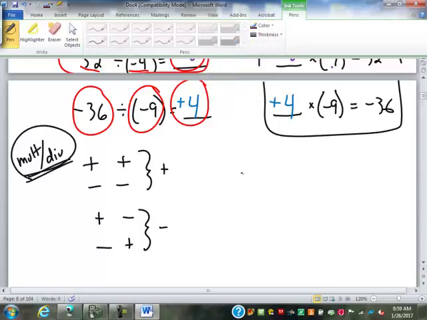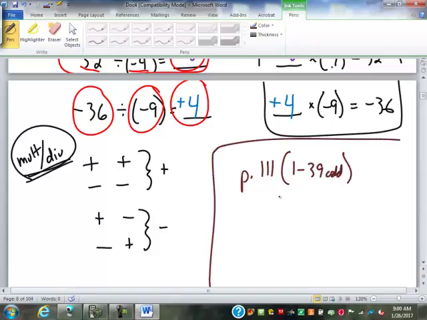Okay, in your books, we're going to jump ahead a few pages here. On page 111, 1 through 39, the odds are dealing with adding negatives. Page 114, 1 through 35, the odds are dealing with subtracting integers.